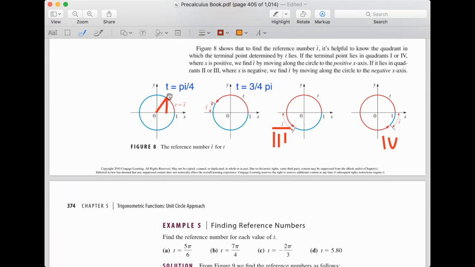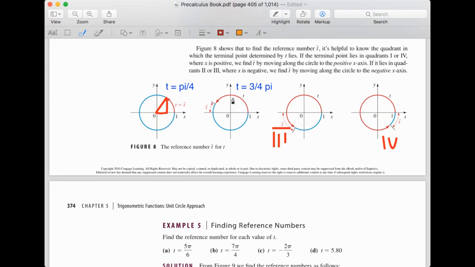And then I can drop a perpendicular line to the x-axis. So now I have a triangle to talk about, a triangle in the first quadrant. And later on, we're going to use sine, cosine, tangent values to talk about this triangle.